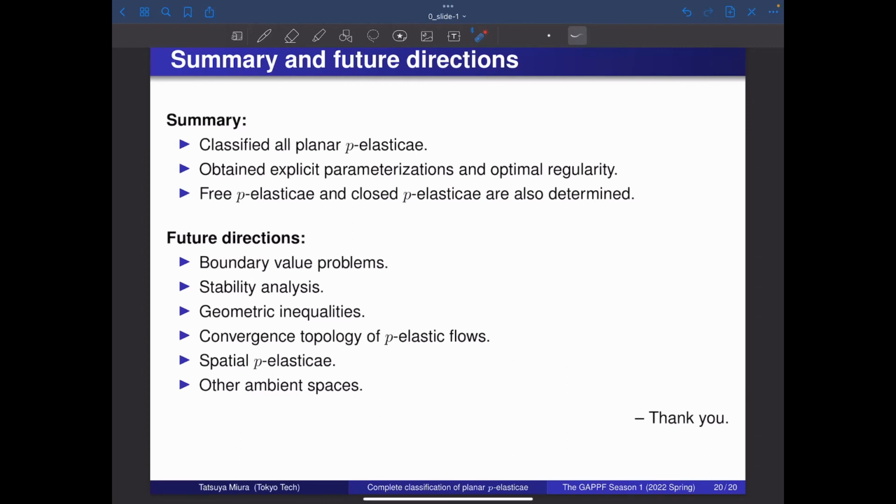These are direct applications of our classification results. We hope that there are also many applications to deduce more precise properties involving p-elastic curves or the p-bending energy.